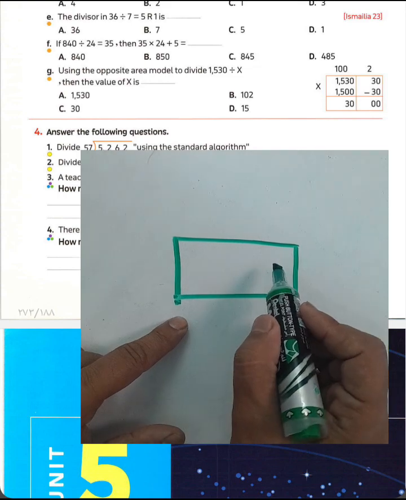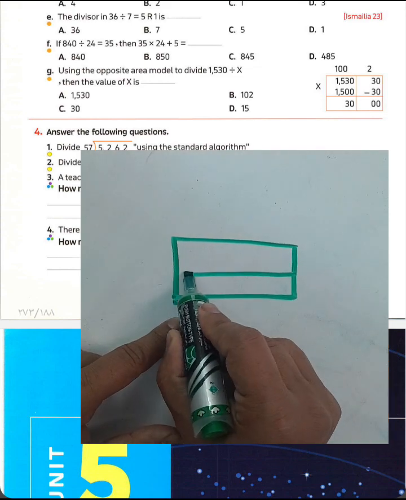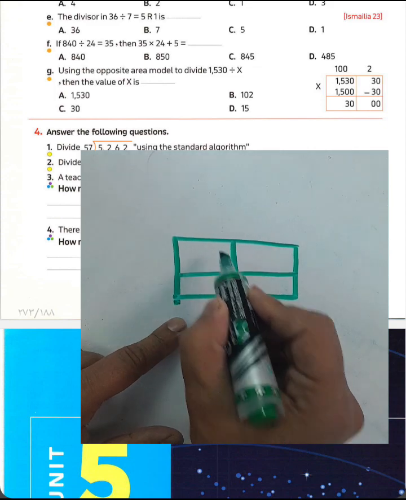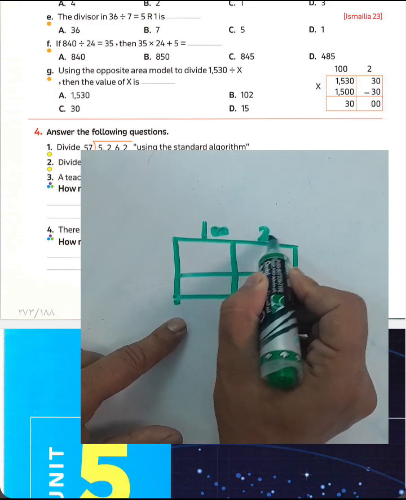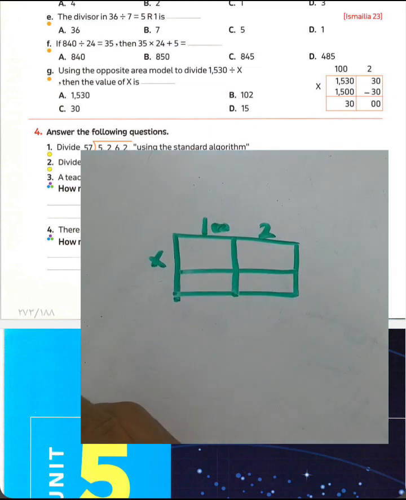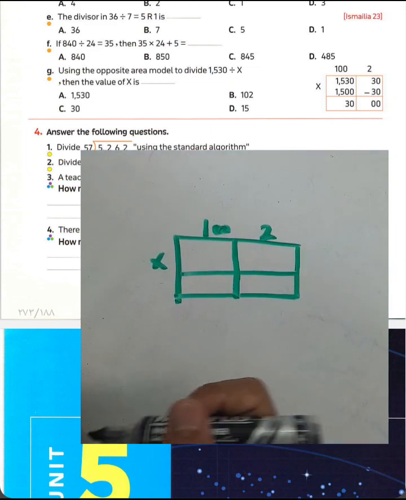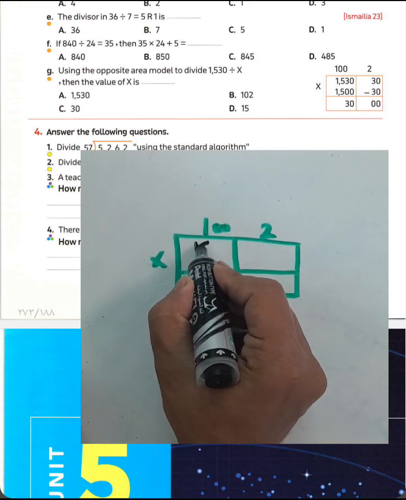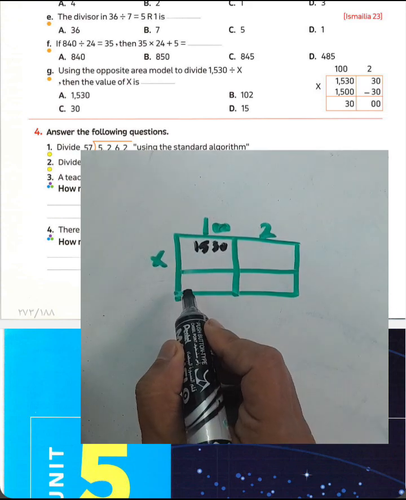He divided it into two parts, with the quotient 100 here and 2, and here x, and the dividend 1530.